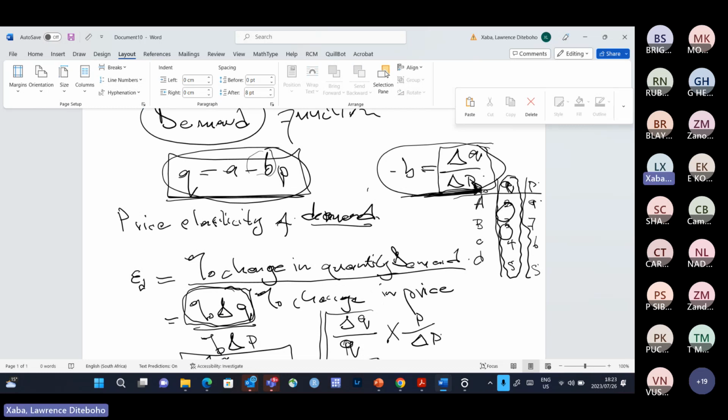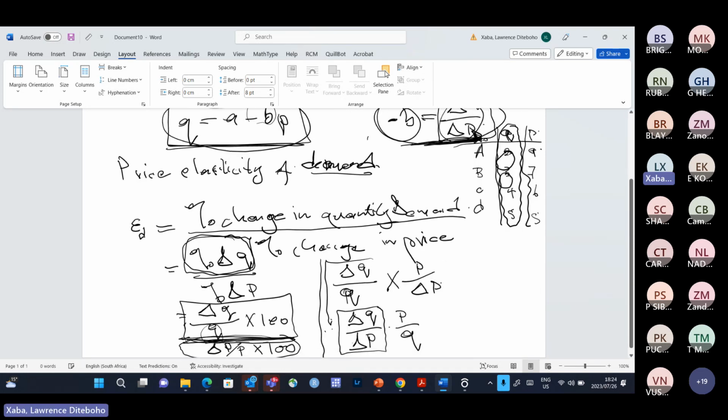Remember, the negative slope of the demand function equals change in Q divided by change in P. If these are equal, then in this equation, where we see change in Q divided by change in P, we can replace it by negative B.